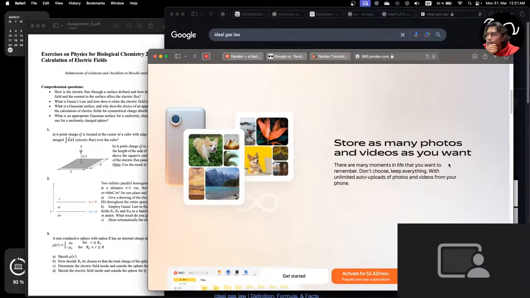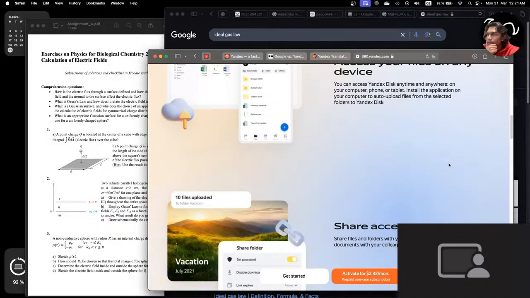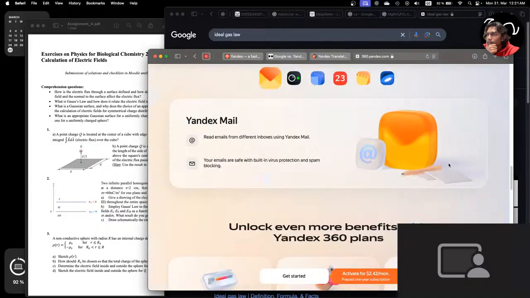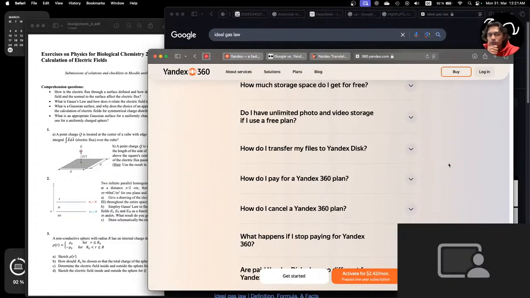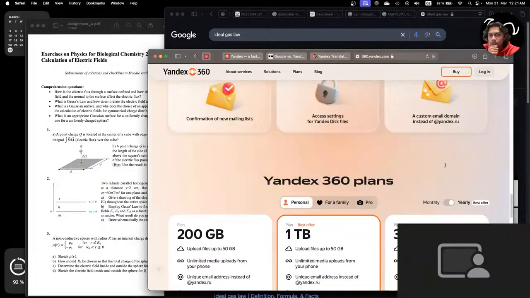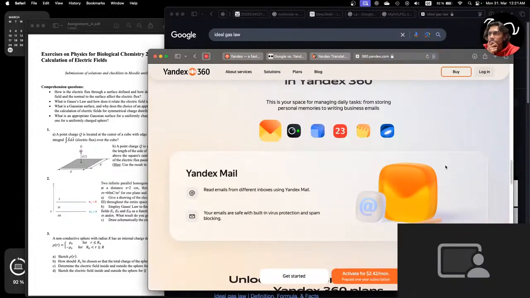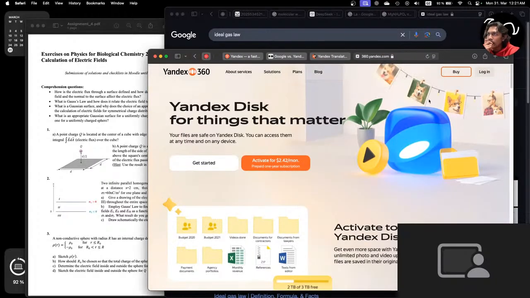It's Russian based. The US banned people from getting money from Russia, which means no ads. Okay, Yandex.